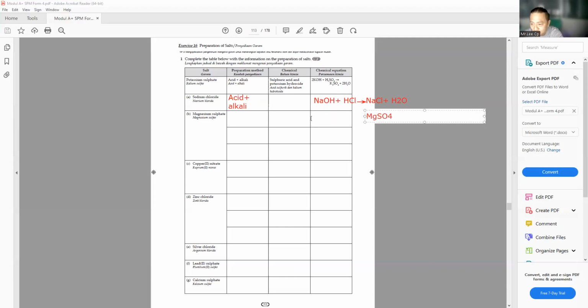So here, what should I have? You can have three methods here. Give me one. Mg. How to get the MgSO4?